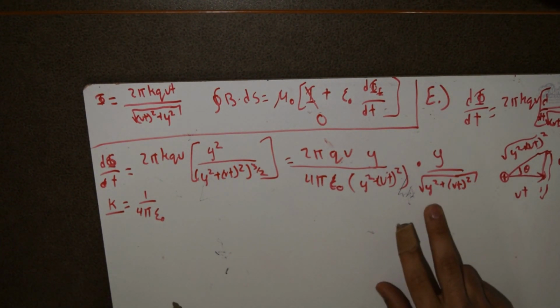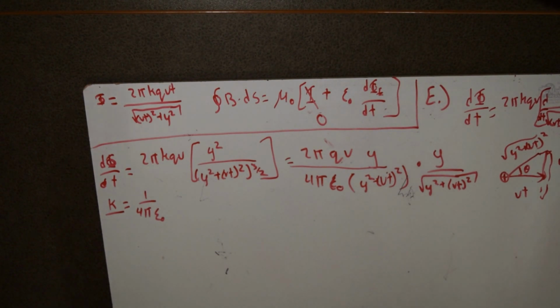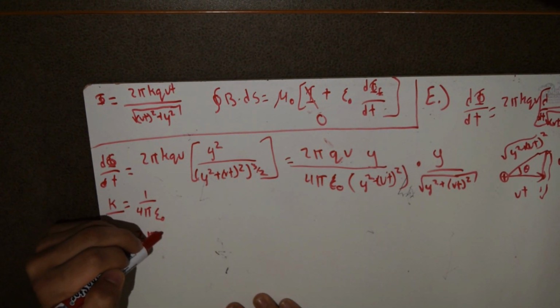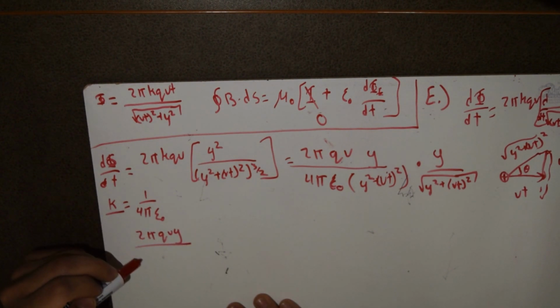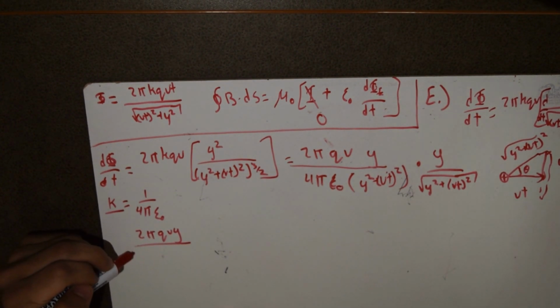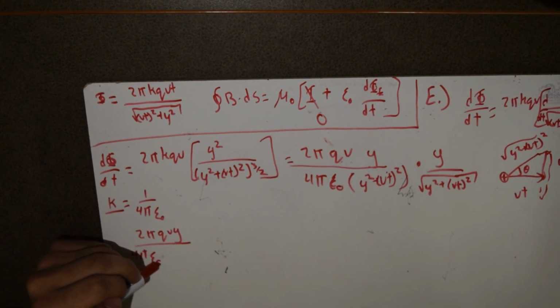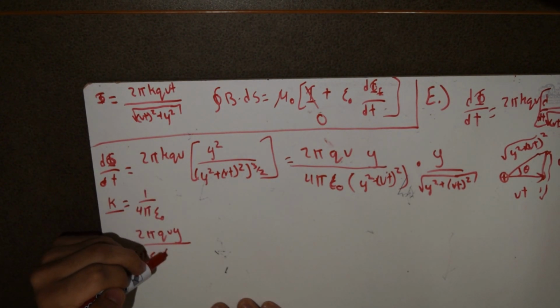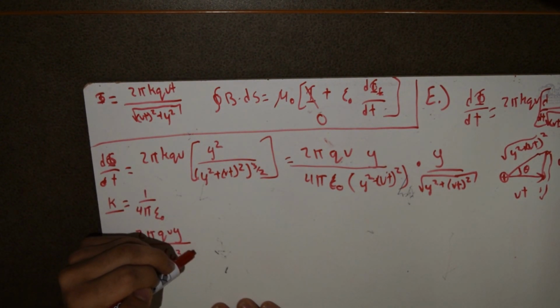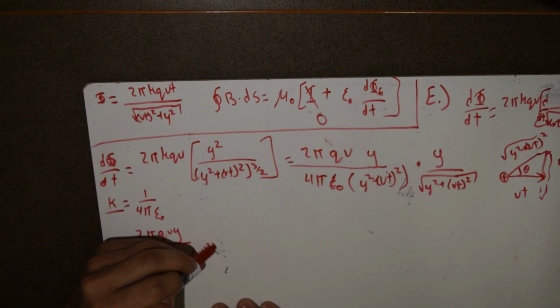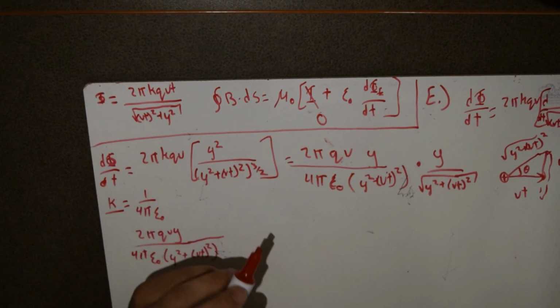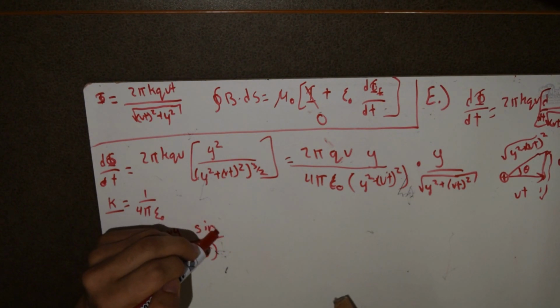So we can rewrite this as sine of theta. So 2 pi qvy over 4 pi epsilon naught times y squared plus vt squared, and then rewrite that as just the sine of theta.